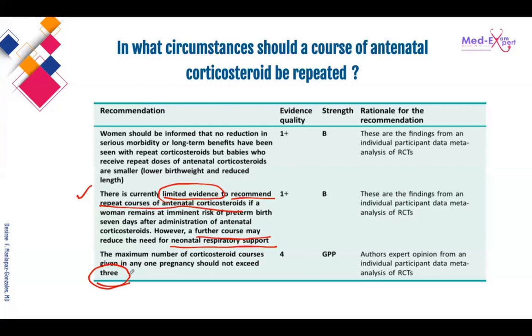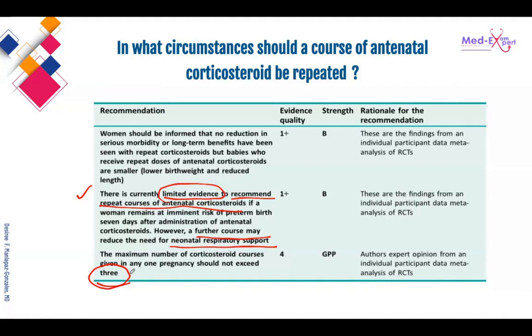Okay, so the maximum course that you can give is 3. And for the interval, they did not mention, but ideally it should be 2 weeks after the last dose. I don't believe that if you give the first course and the patient did not deliver within 1 week, the patient will go into labor in the next week. Okay, so there's no mention in the guideline of what specific interval you should give the next dose, but you can give.